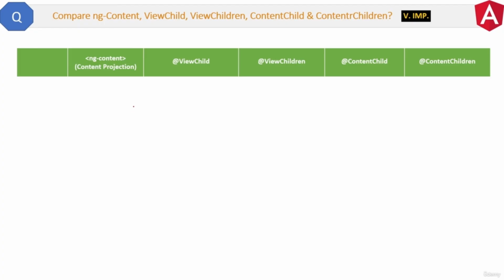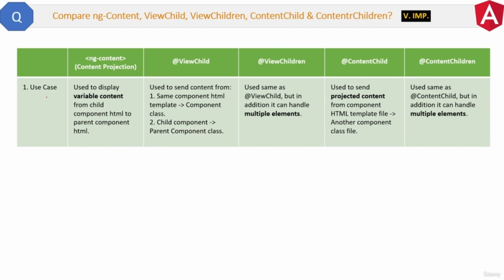So let's start. First we will see the use case of all of these concepts. ng-content is used to display variable content from child component to parent component HTML. Remember, it sends content from HTML to HTML. No component class is involved in the ng-content case.